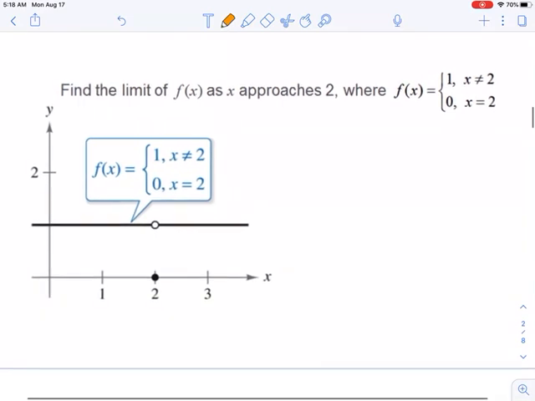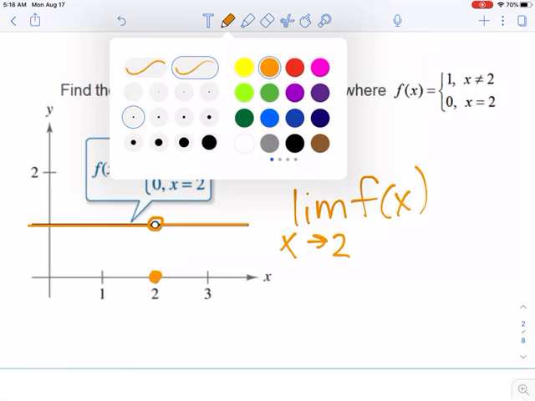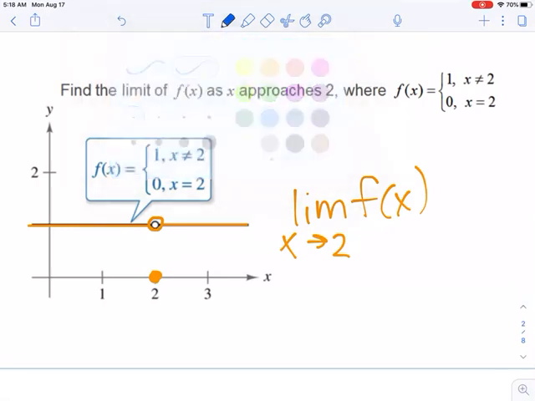Now, here is an interesting graph with a hole, just like we've seen. But look here, there is a coordinate at 2, 0. Now, if we look at the limit as x approaches 2 of this function, remember, we need to think about where our cars are driving, and our cars are always going to be driving along the curve.